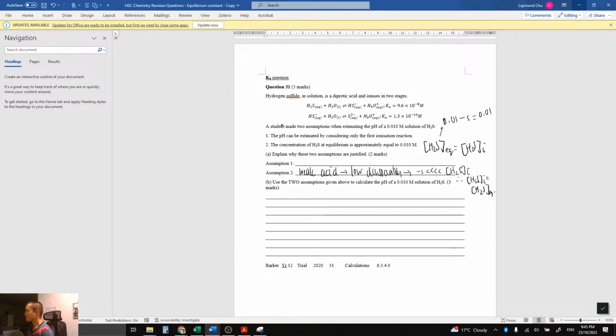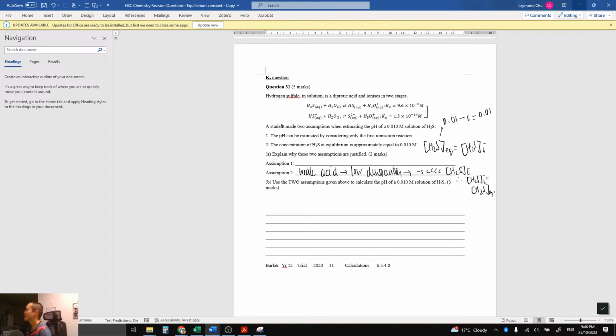Okay. Now the first one, the pH can be estimated by considering only the first ionization reaction. You can just look at the first one because of the magnitudes of these 2 numbers. All right. So you can see that the Ka for your first one is 6 magnitudes more than your Ka for your second reaction. So what you typically see happening is your first reaction dissociating.